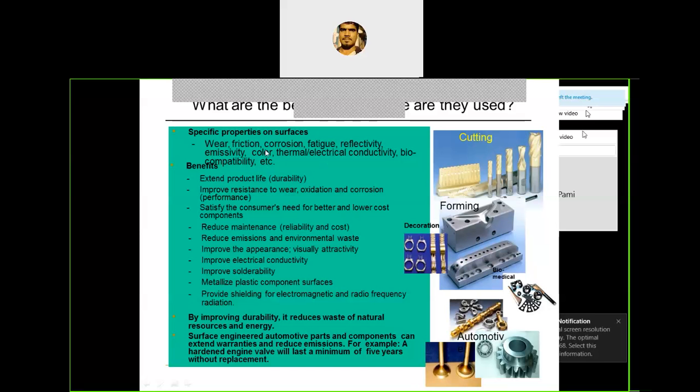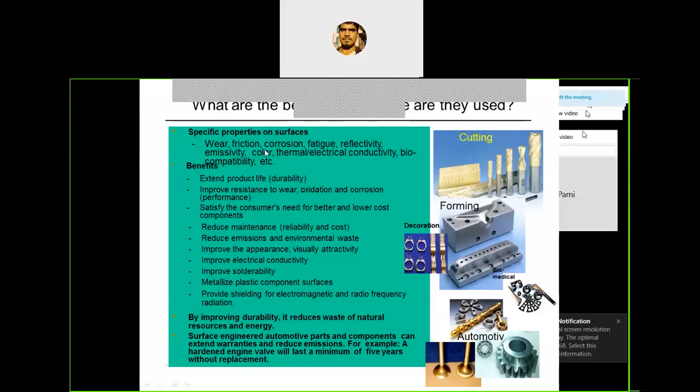I told you surface engineering is used to increase or enhance the properties of the material. These are the specific properties we already discussed: wear, friction, corrosion, fatigue, reflective, emissive, color, thermal, electrical conductivity. These properties can be increased by using surface treatment or surface engineering. Both are the same.